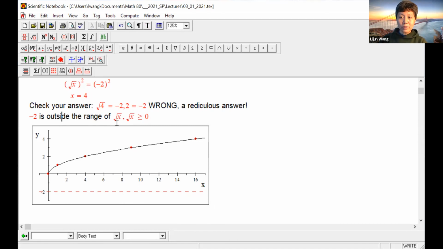If you have a number outside the range, you'll never be able to touch it. What does it mean? Graphically, your curve would have no touch to that output. Never touched it, no solution. This is the caution I want to show you. This is a cautionary measure I want to show you.